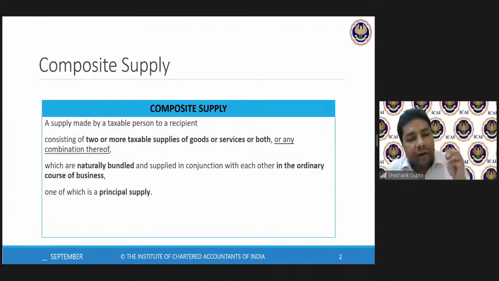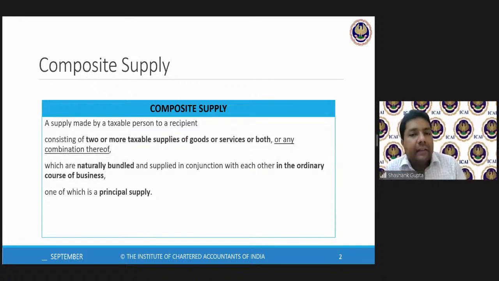Now, there were certain transactions wherein the department was contesting that it is liable to tax as goods, and at the same time, the service tax department was also contesting that the transaction is liable to tax as service tax.